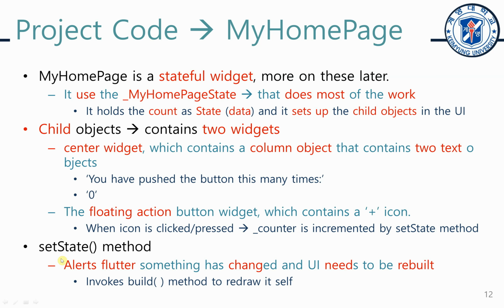The set state method alerts Flutter that something has changed and it needs to be rebuilt. So whenever we call set state, it invokes the build method and redraws the whole application.